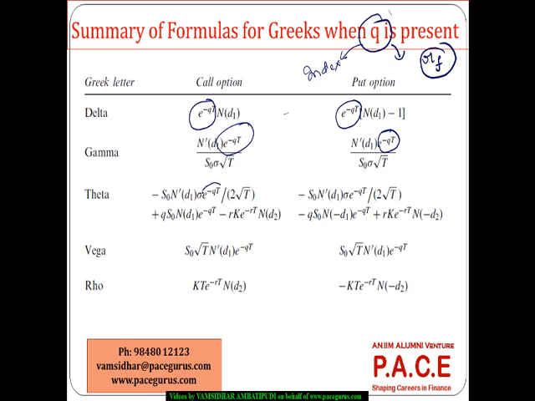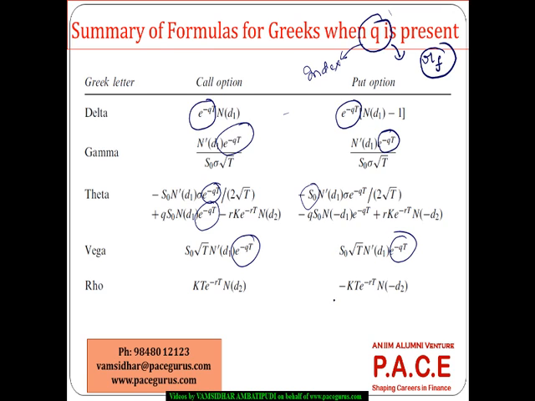Similarly, in the theta also, wherever S naught was present, we are replacing that S naught with S naught into e power minus qT. That's the simple way to understand. Wherever S naught came up, we are representing it with S naught into e power minus qT.